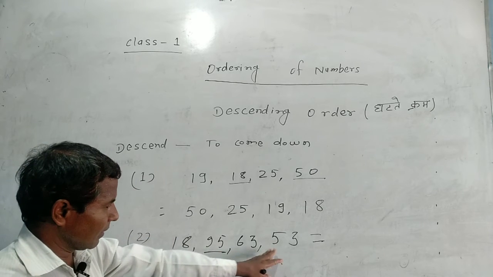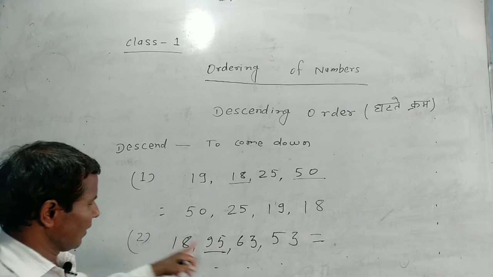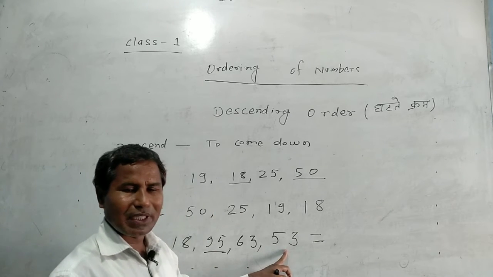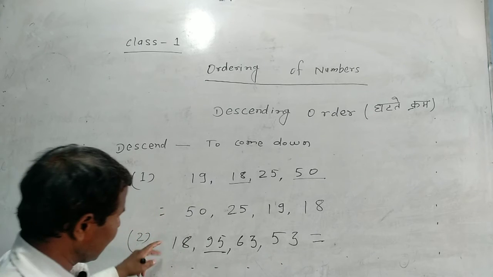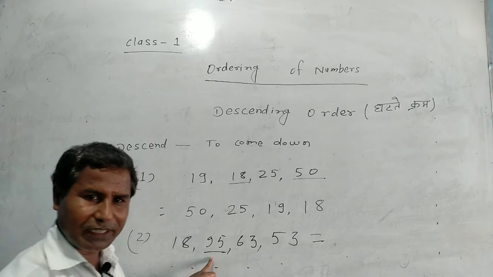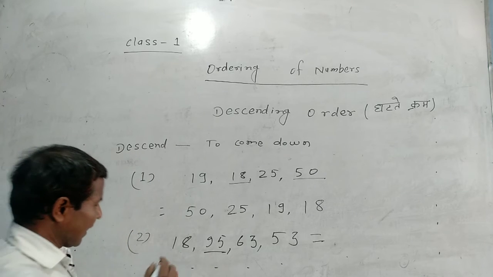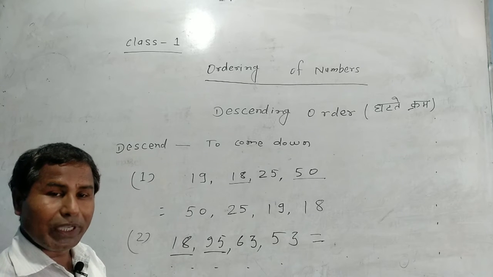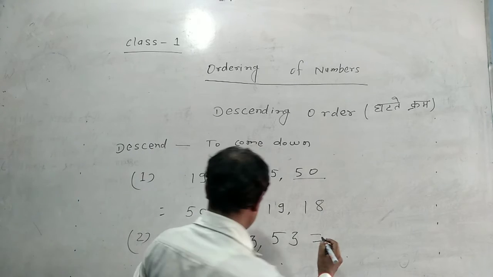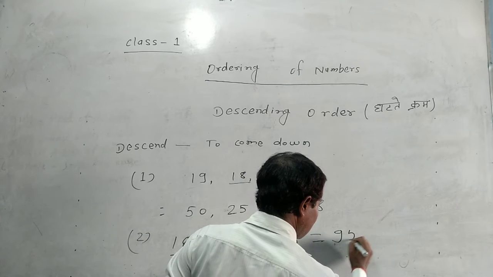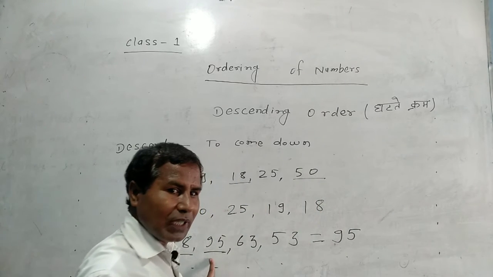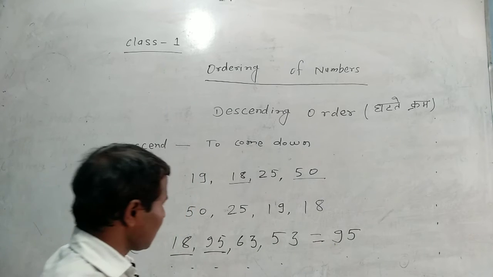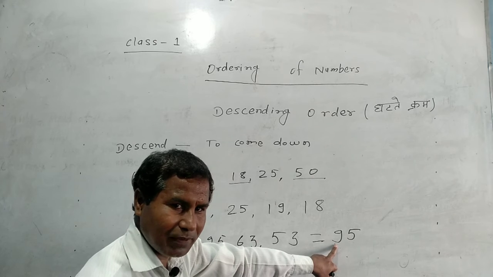Some numbers are given here: 18, 95, 63 and 53. Now you can say here 95 is the greatest number and 18 is the smallest number. So we put at first 95 because you have to arrange in descending order. So first of all we put here 95.